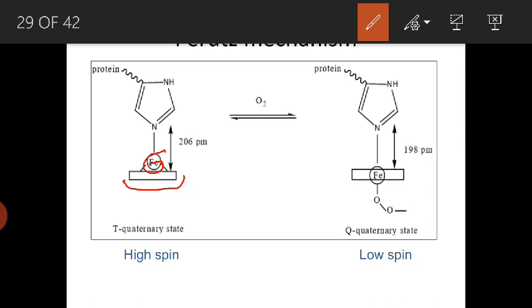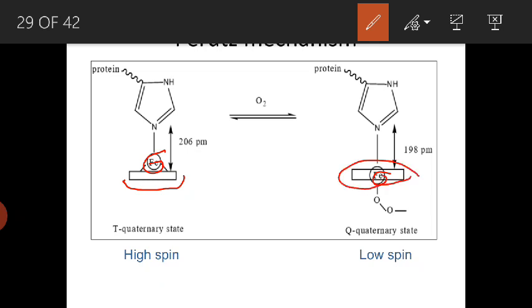Whereas in oxygenated state, in its R state, it will be pulled inside the porphyrin ring, because then it may become low spin state, in which its size will be lesser when compared with high spin, and it gets inside the porphyrin ring.